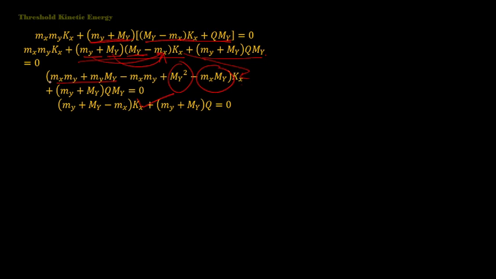Now this m_x m_y and this m_x m_y get cancelled, and we have this inside the bracket. Here this m_y and the m_y from this and m_y from this are taken common. I repeat, plus m_x m_y minus m_x m_y get cancelled. The m_y from here and from here is taken common outside.